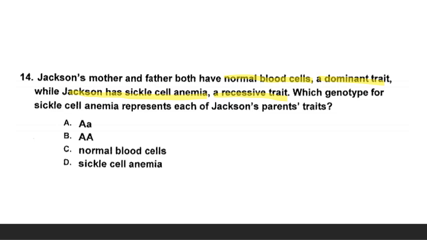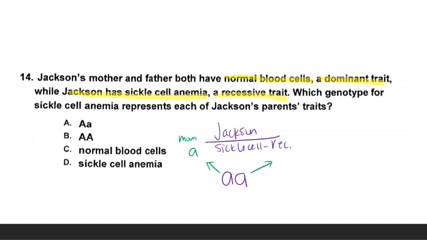So if we're looking at Jackson, we know that Jackson is showing sickle cell, which is recessive, which means that we know for sure that his genotype has to be homozygous recessive, because otherwise he wouldn't have sickle cell. And we also know that he had to get one of those alleles from mom, and he also got one of those recessive alleles from dad.